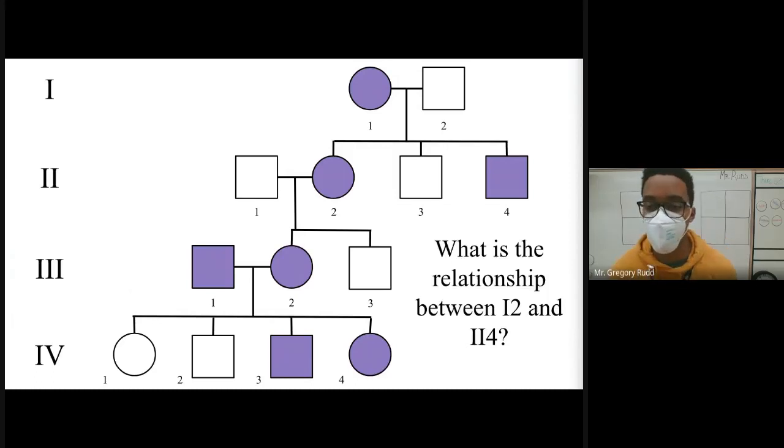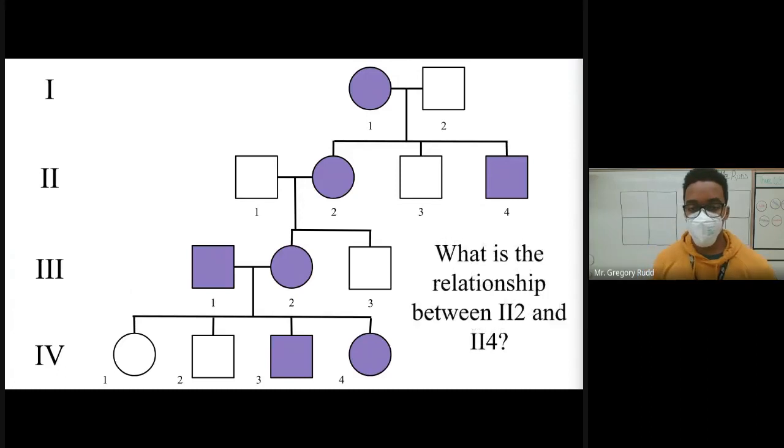They are father and son. Individual I2 is a male, and individual II4 is directly under that person and is that person's son. So they are father and son. Good job.